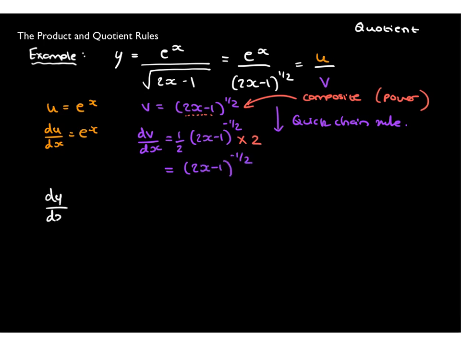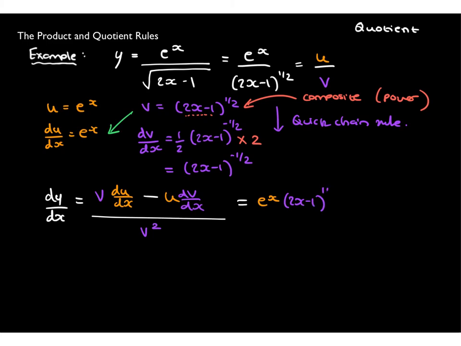dy/dx then equals, using the quotient rule, v multiplied by du/dx minus u multiplied by dv/dx, and the whole thing is divided by v squared. So let's put everything together. So v multiplied by du/dx, first of all, is this. So that gives me e^x multiplied by (2x-1)^(1/2).